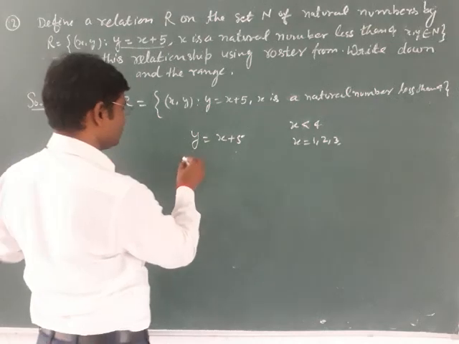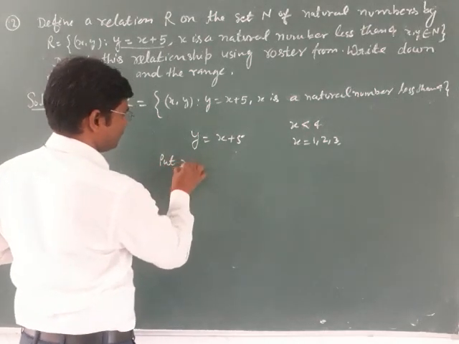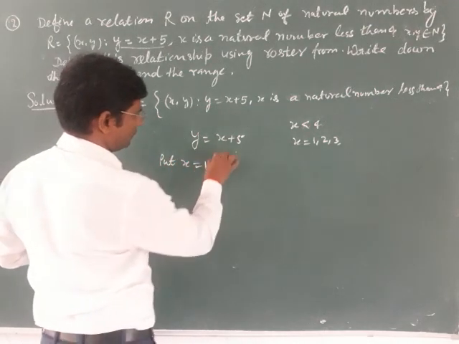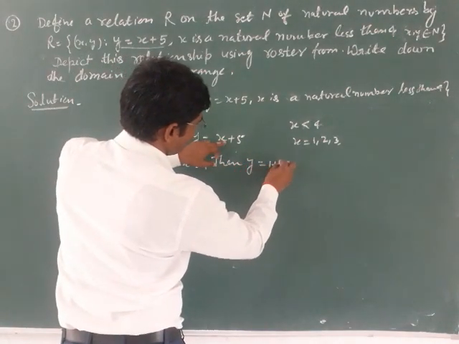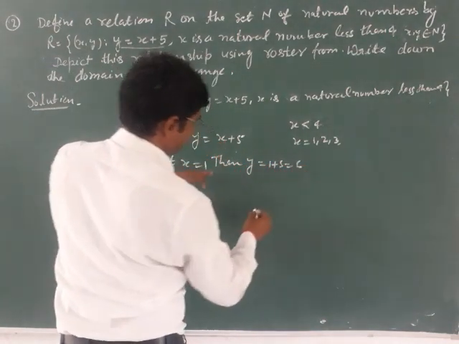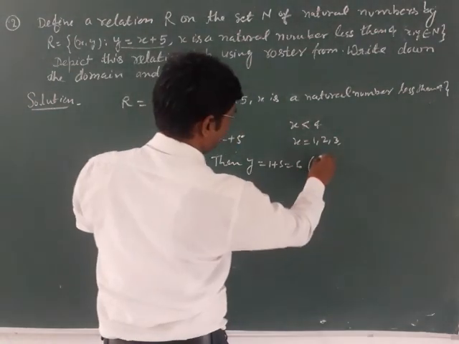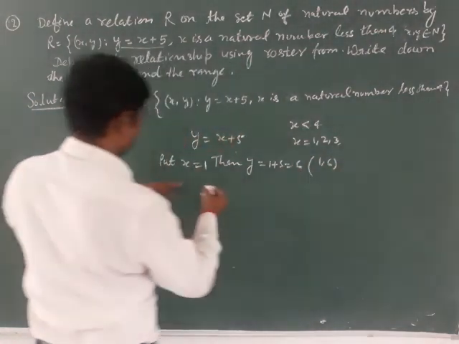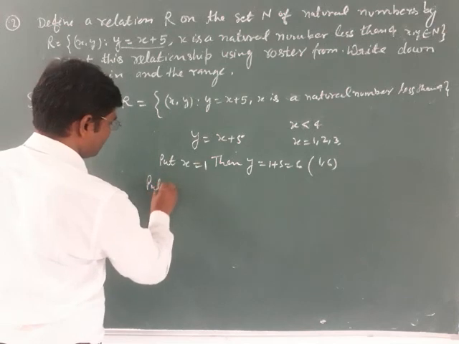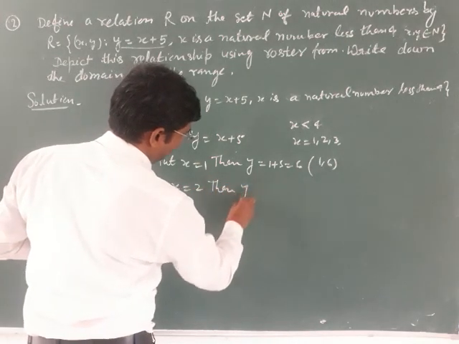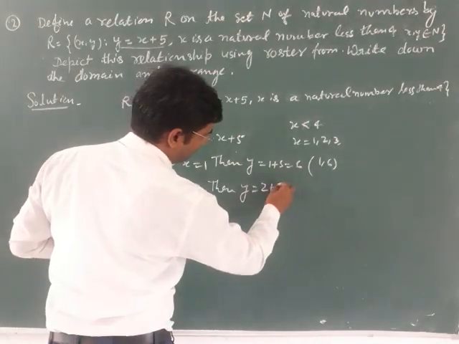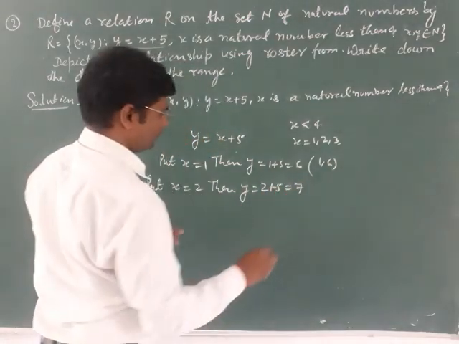Now put x is equal to 1, then y is equal to 1 plus 5 is equal to 6. So ordered pair (1, 6). Put x is equal to 2, then y is equal to 2 plus 5 is equal to 7.